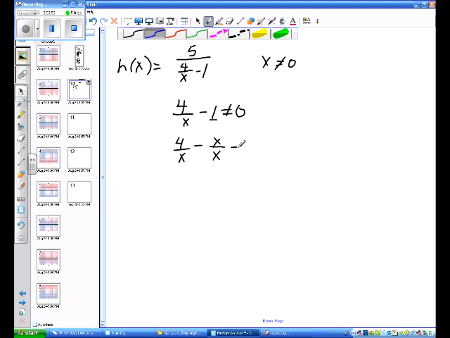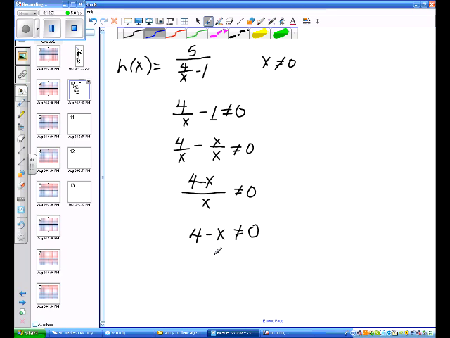So we have 4 minus x over x cannot equal 0. Now, we've already said that the denominator can't be 0, so for a fraction to be equal to 0, the numerator would have to. So we'll set our numerator, 4 minus x, cannot equal 0.